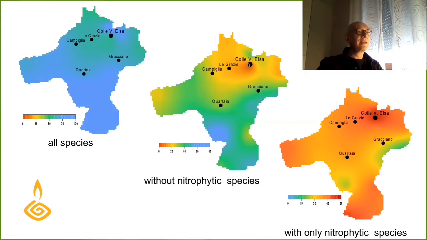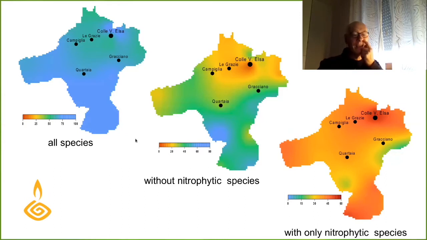And you see here, it's clear in Colle Valdelsa, in this area, you have air pollution by sulfur dioxide, nitrogen oxide, phytotoxic gases in general, and air pollution by nitrogen deposition, which stimulates nitrophilic species. Two different types of pollutants causing a different effect here, and the result was the paradise simulated by the use of all species.